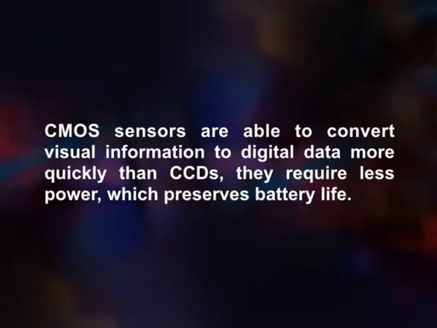This means that CMOS sensors do not require a separate image processor. Because CMOS sensors are able to convert visual information to digital data more quickly than CCDs, they require less power, which preserves battery life.